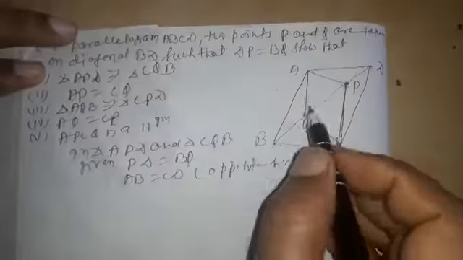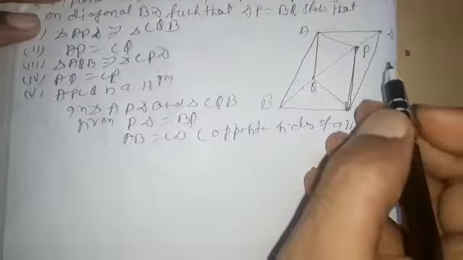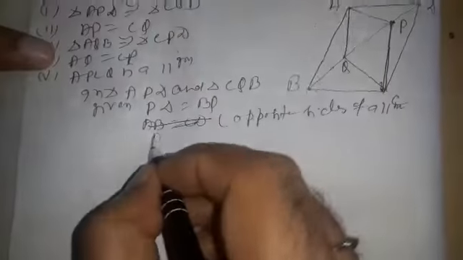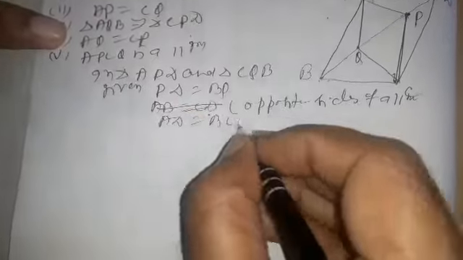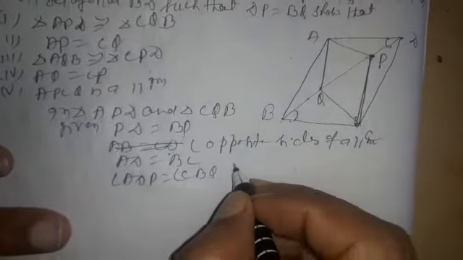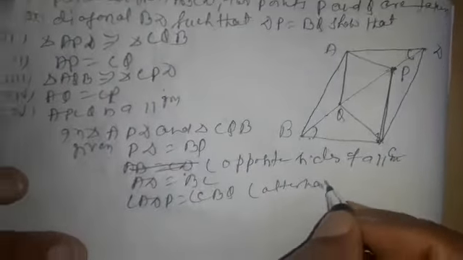and AD is equal to CB, and angle ADP is equal to angle CBQ, alternate interior angles.